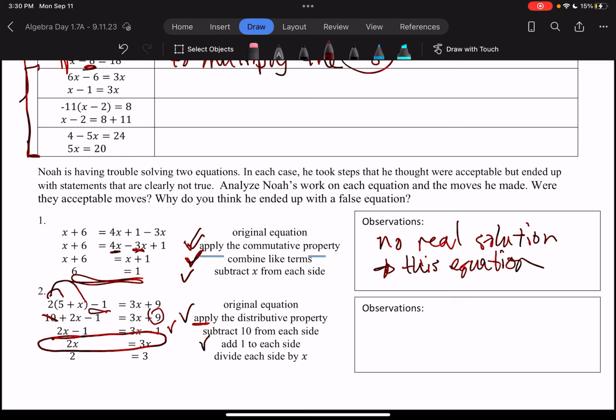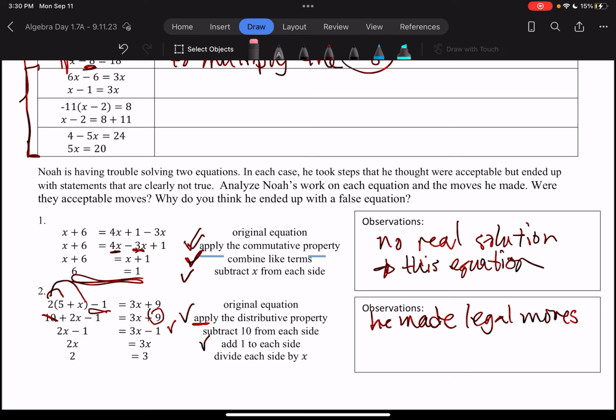So we can say he made legal moves. But what we would really want to do is, instead of applying the distributive property here, what we could do instead is we can subtract, let's say we subtract 2x from both sides, okay? Let's say we do that. And then we get 0 equals x. Ooh, now do we have an answer?